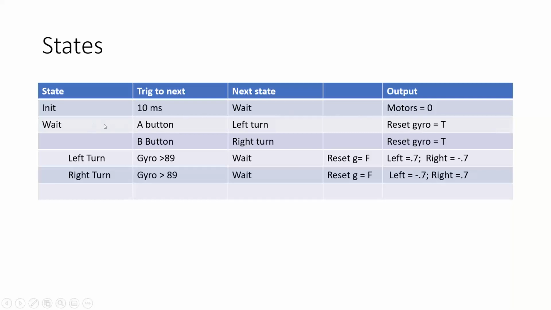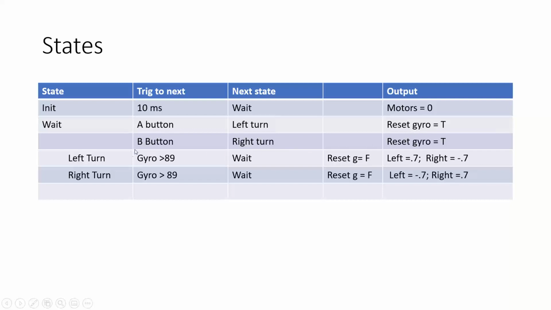Then once it gets to the wait state, it's going to sit there and wait for either the A button or the B button to be pressed. If the B button is pressed, it'll go to the right turn state, and if the A button is pressed, it goes to the left turn state. And while it's going there, it's going to reset the gyro so we can use the gyro once we start the turn.